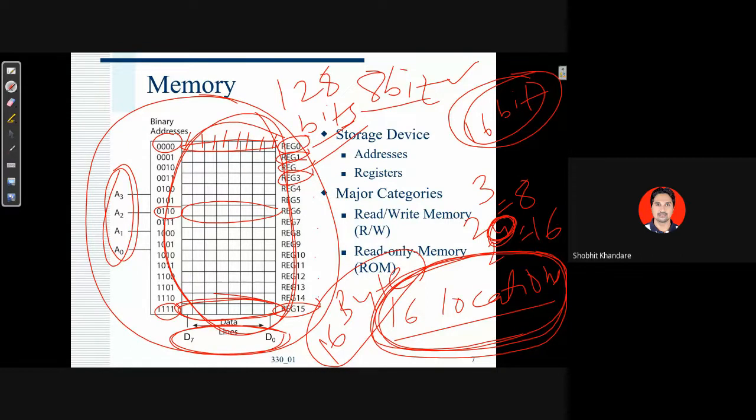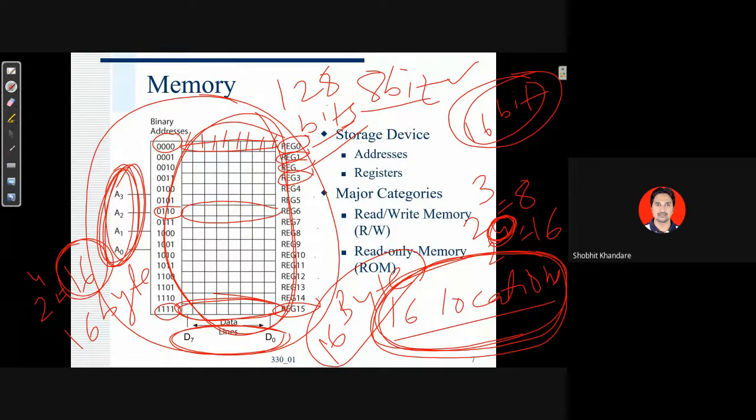For example, here you are using 4 address bits, so 2 to the power of 4 is equal to 16. So this 16 is nothing but 16 byte. Yes or no?